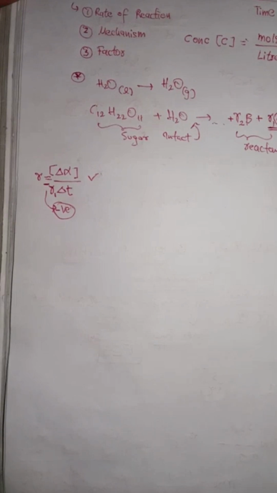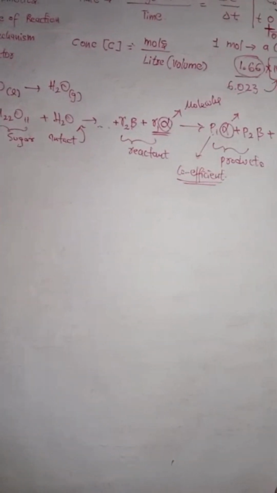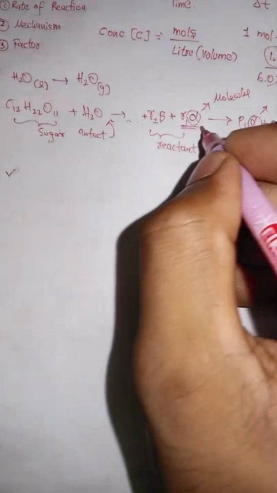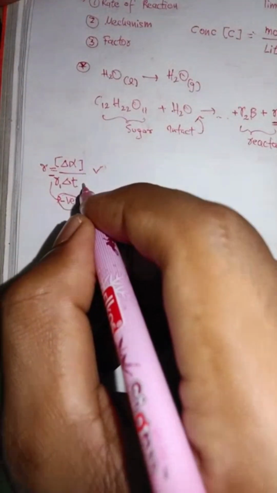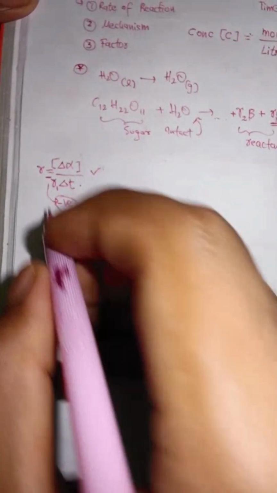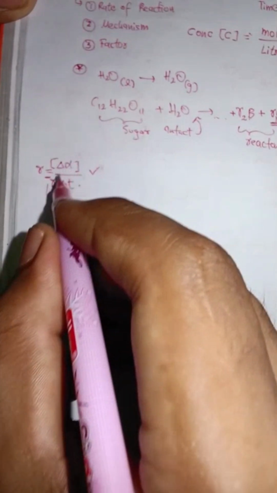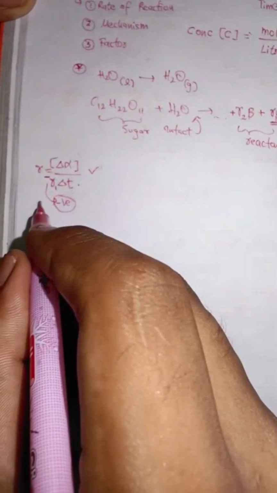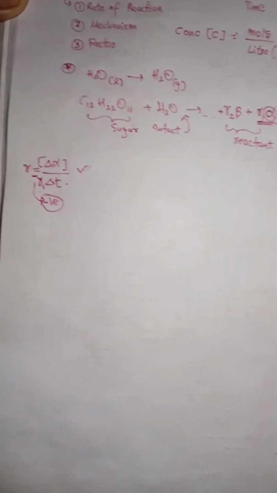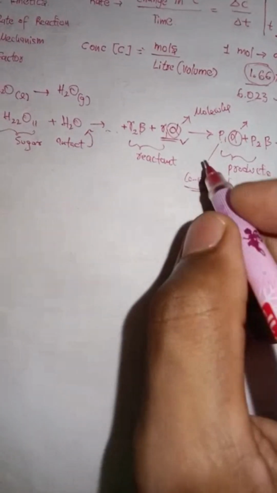Now, as we consider this reaction, the rate would be this way: the change in concentration of R with respect to time, divided by R1, and there is a negative sign because here it's on the reactant side.